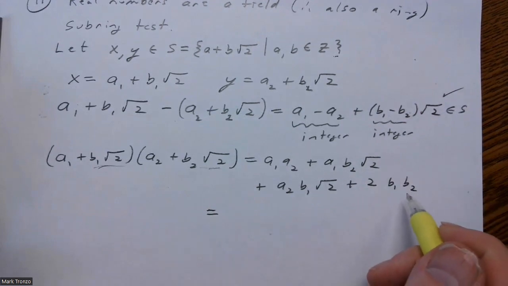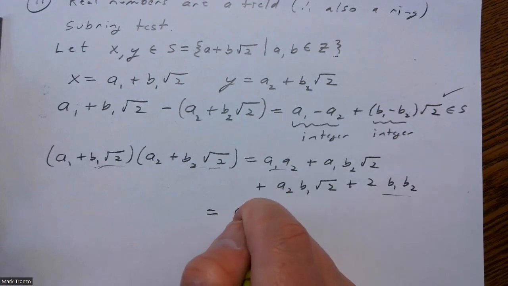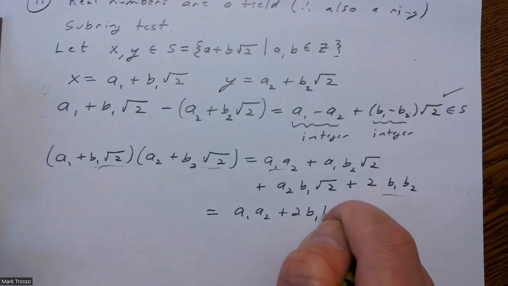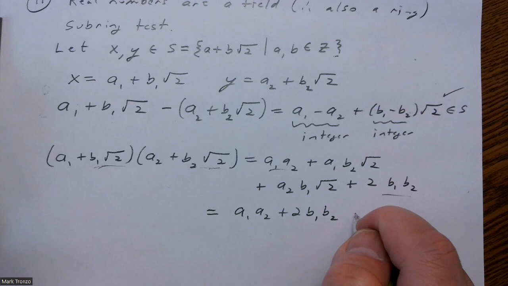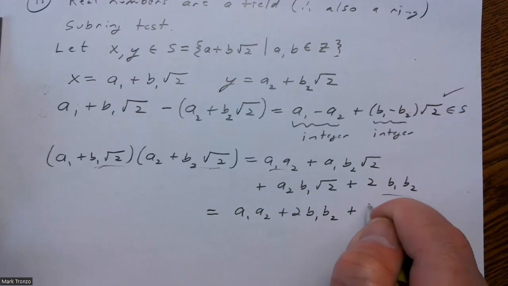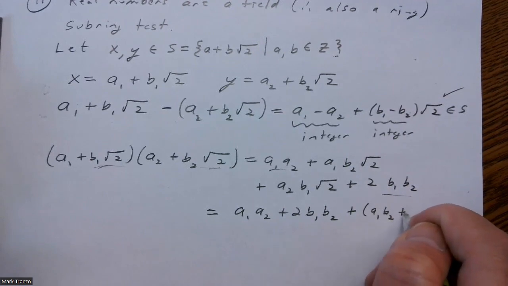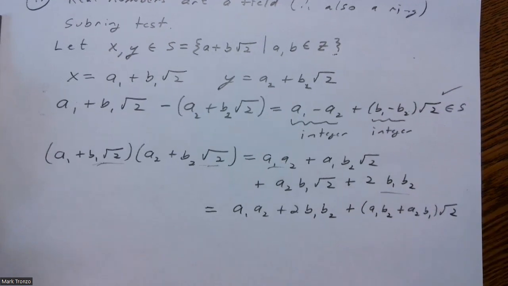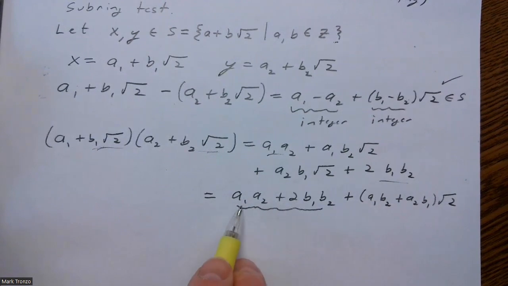Because we're going to have a1 a2 plus 2 b1 b2, plus a1 b2 plus a2 b1 times square root of 2. Once again, we had products of integers, so we got integers.